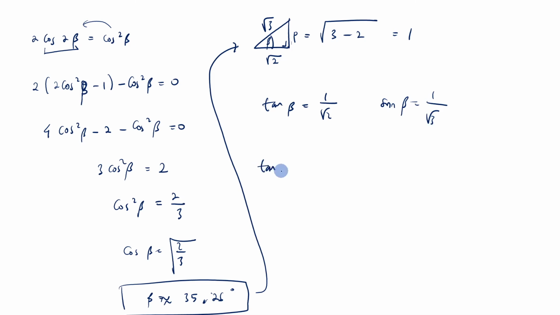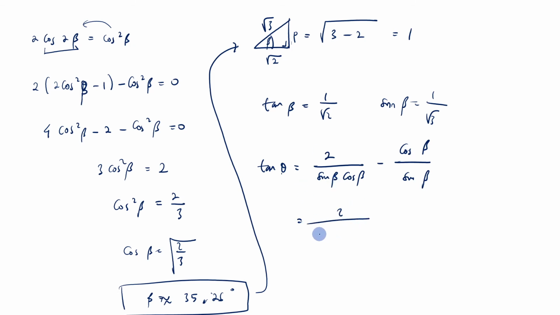So tan theta equals 2 divided by sine beta cos beta minus cos beta and sine beta, and we can substitute the trigonometry values like this.